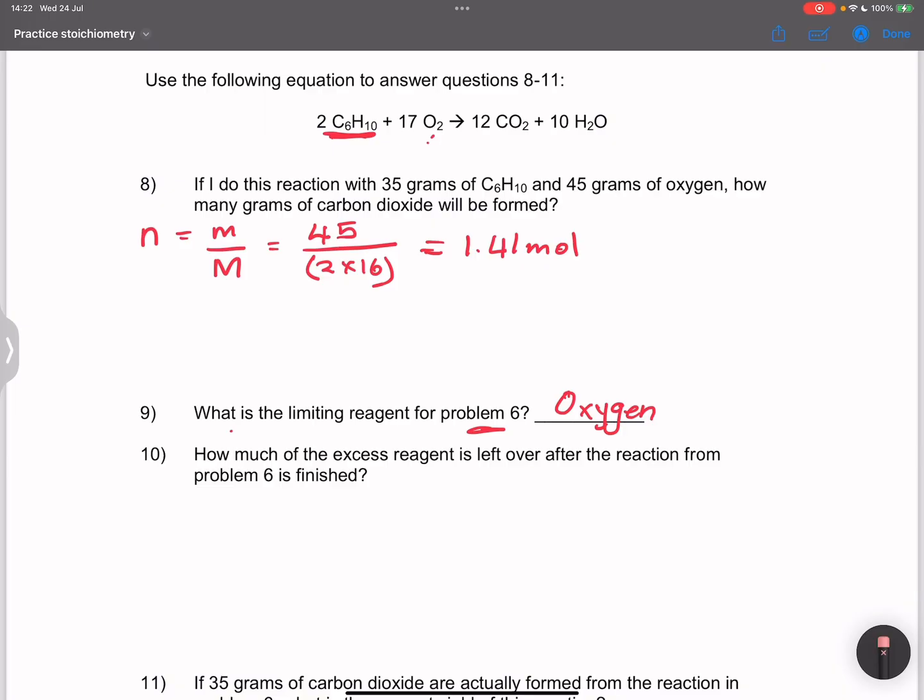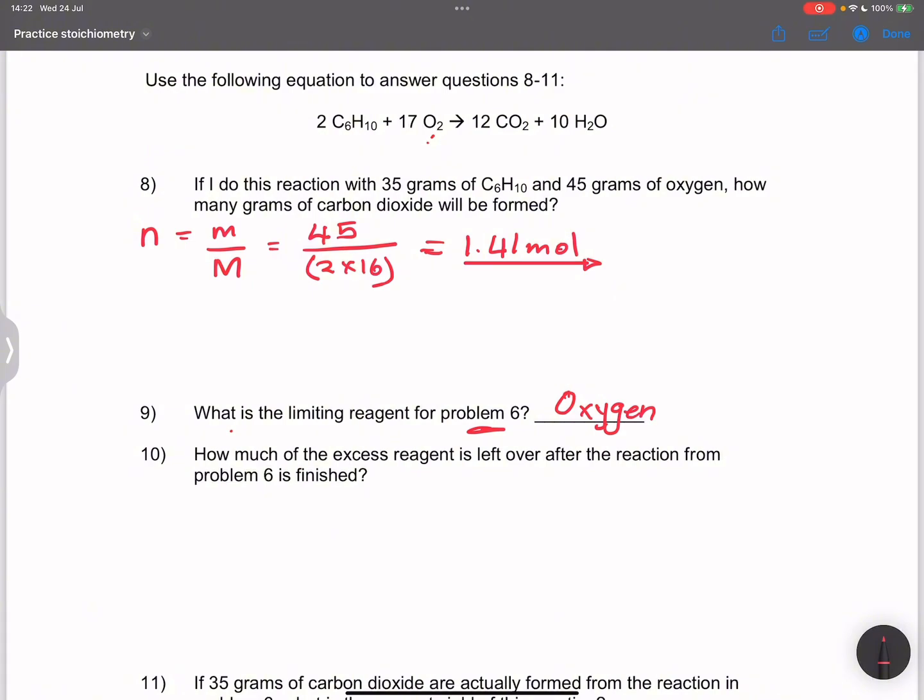So, as I did say to you, once we've identified our limiting reagent, we work out the number of moles, then we go to our formula. This is where I was showing you that method. We first convert to moles, then we use our ratio.